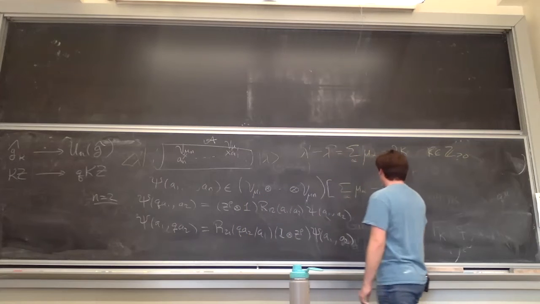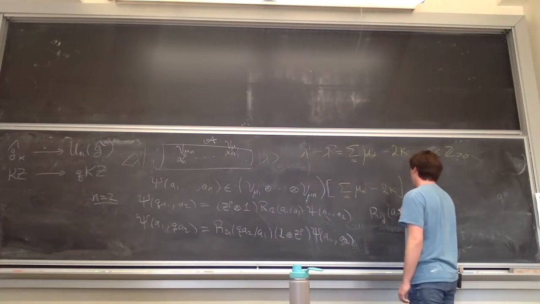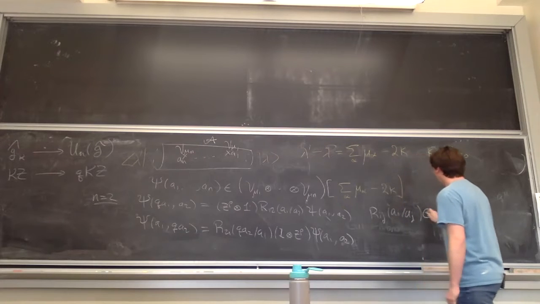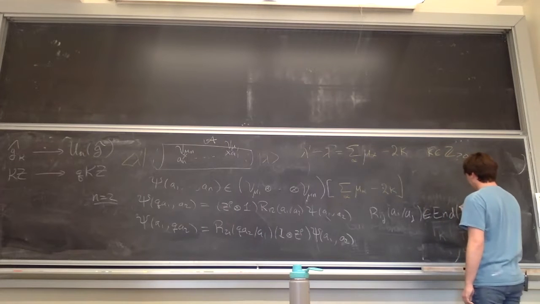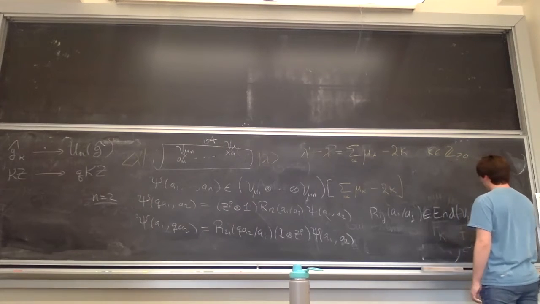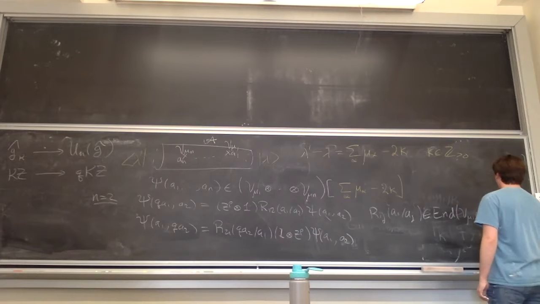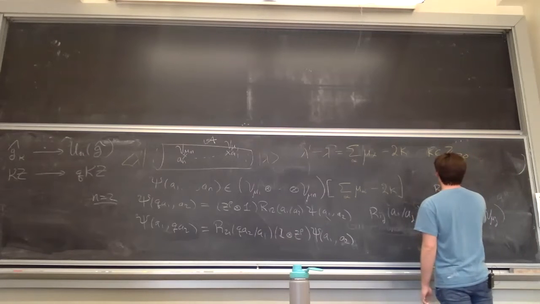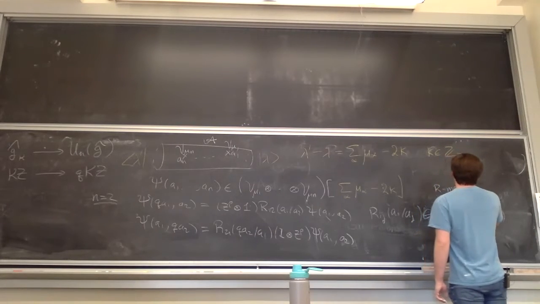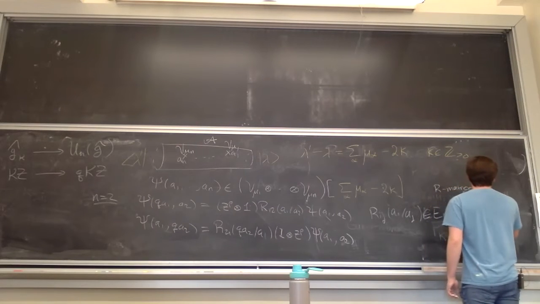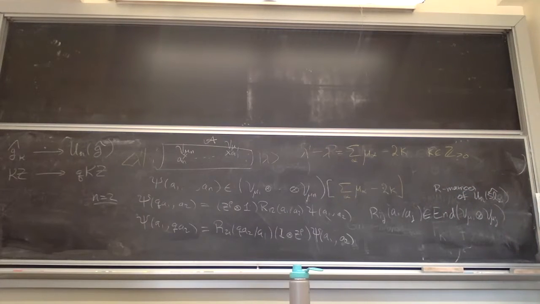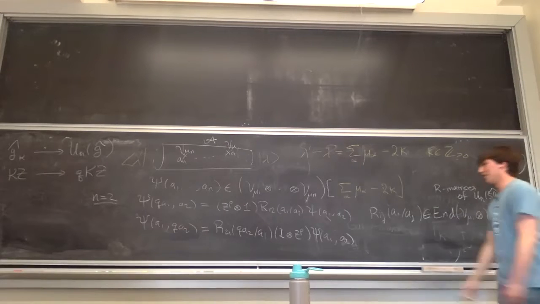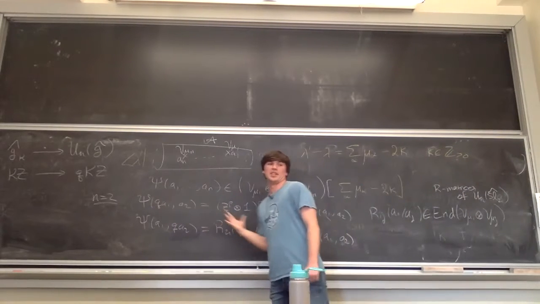Where now the R's are, the important thing being that they're the R matrices, and for me, of U_q hat SL2 hat, where these are Verma modules. So a lot of writing, but this is just the q-difference uplift of the KZ equation. Okay.